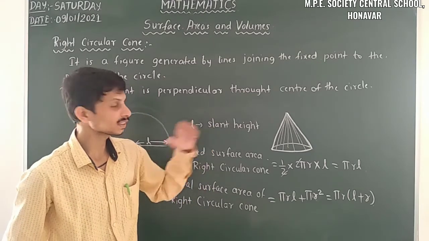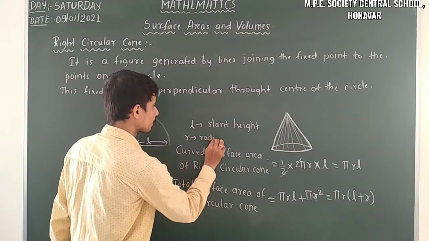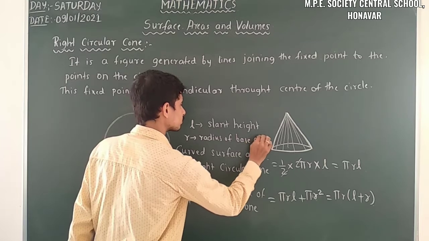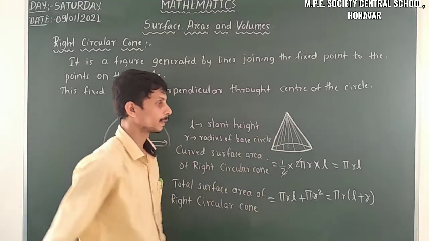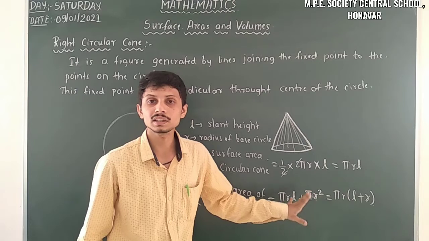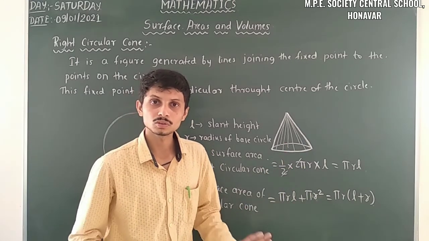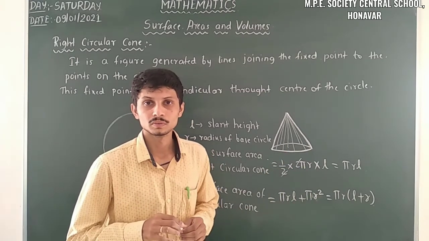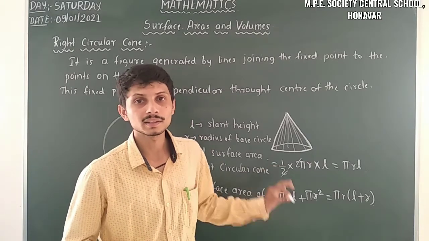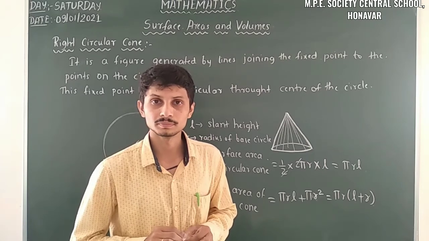L is nothing but the slant height, and r is the radius of the base circle. So using these two formulas, we can find the curved surface area and the total surface area according to our situation.